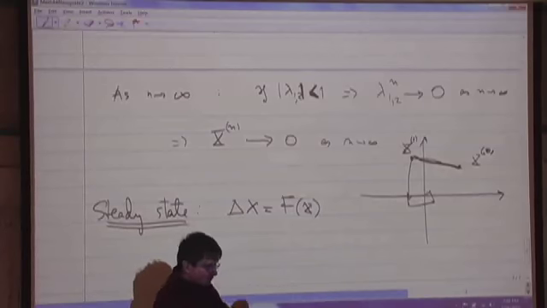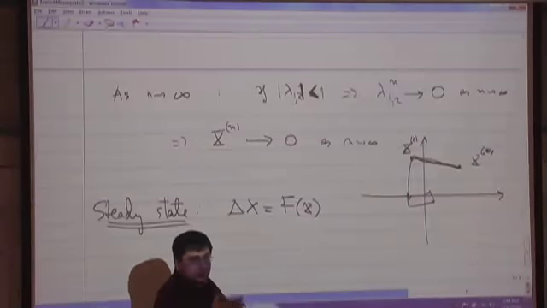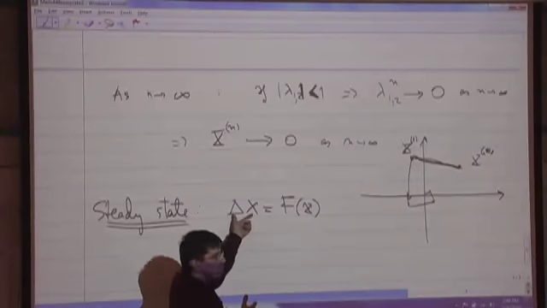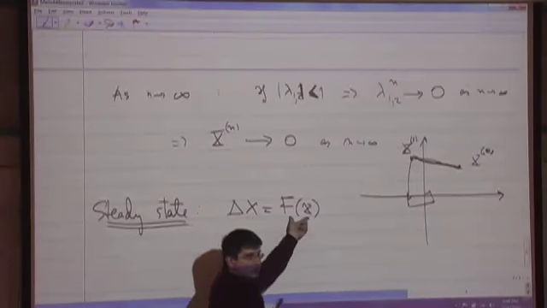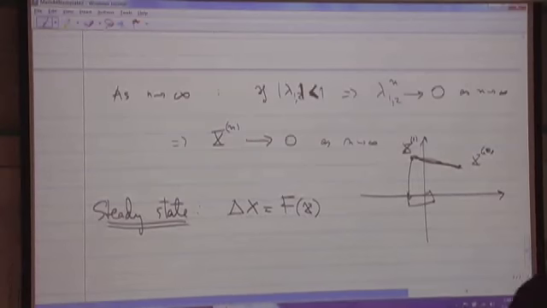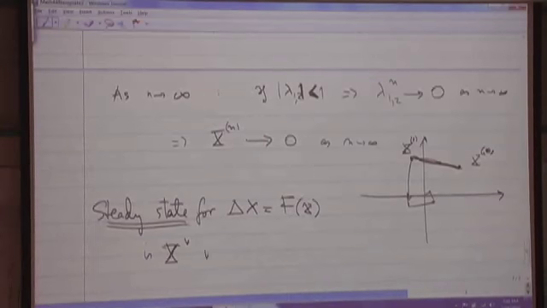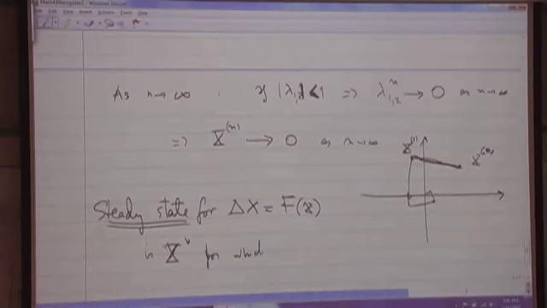A steady state is a state that once you're there, you stay there forever. So there's no change. This basically means that f is 0 at that state. So the steady state is x star, for which f of x star is 0.